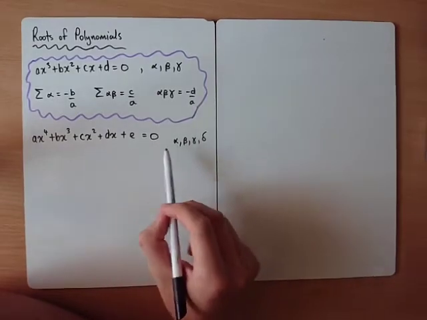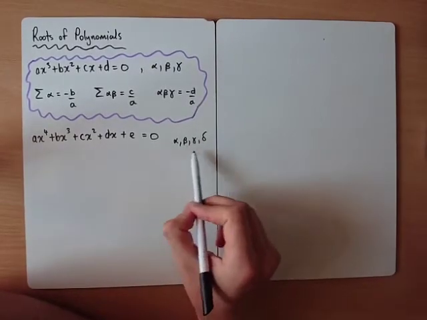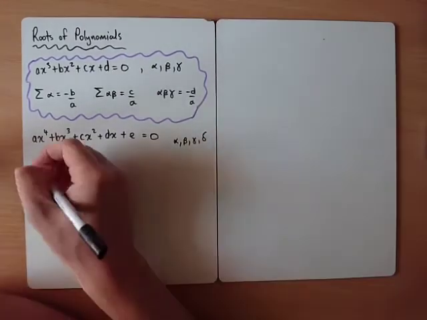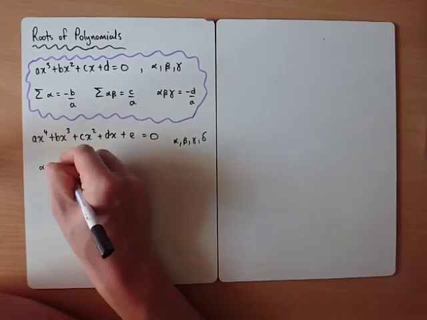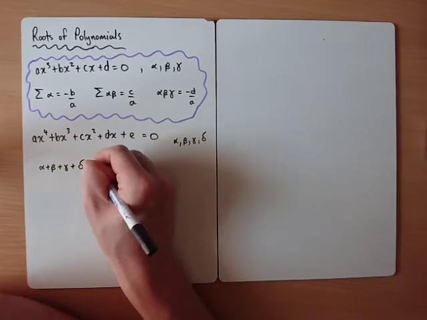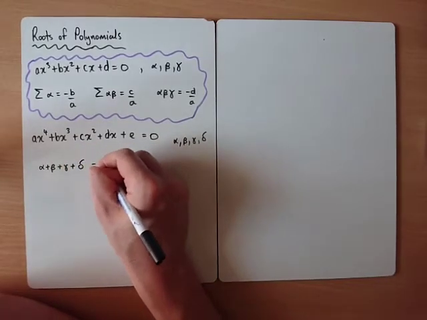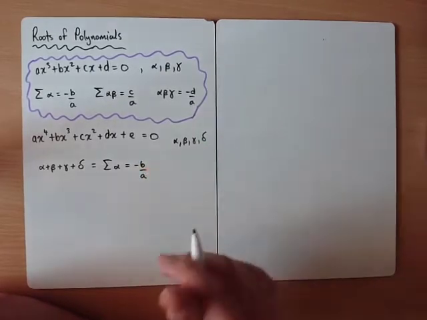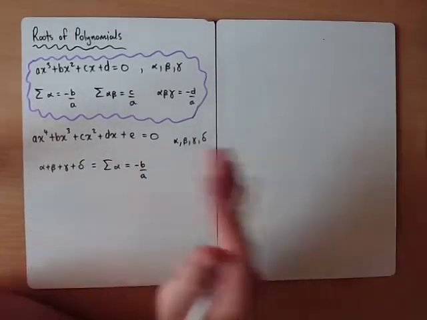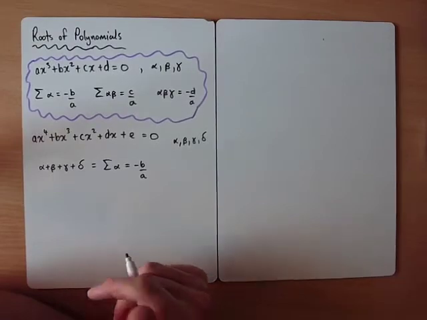So for a quartic, we've got 4 roots, alpha, beta, gamma, and delta. The sum of the roots is still minus b over a. It's always minus b over a, no matter how high up you go. Okay.